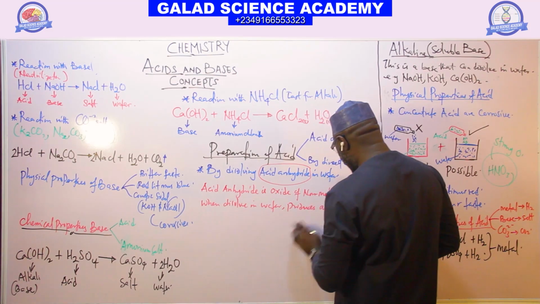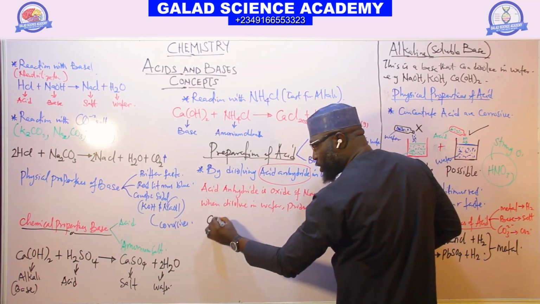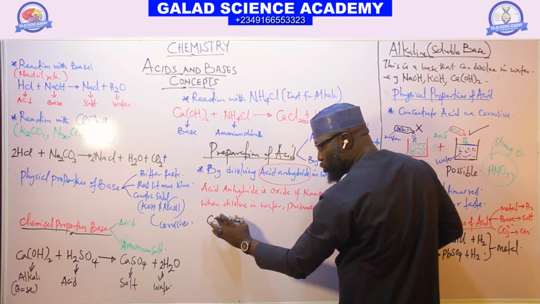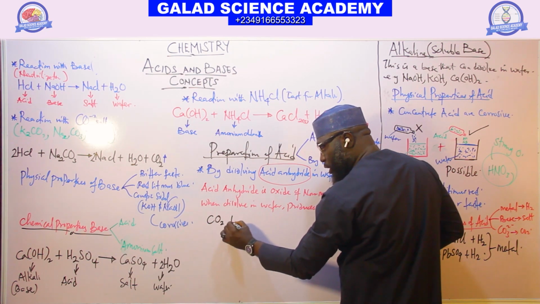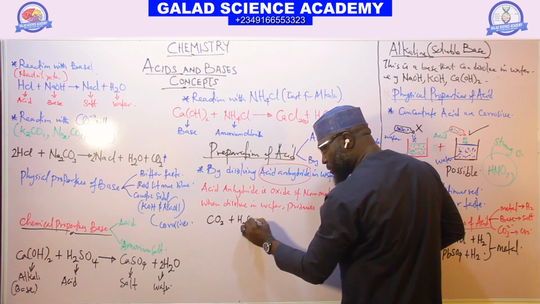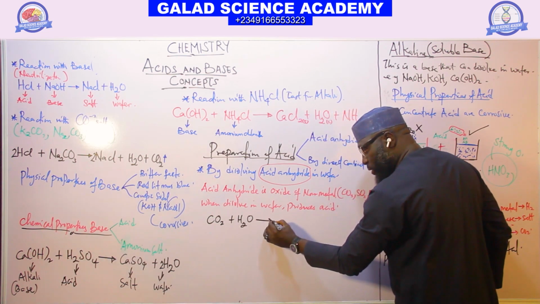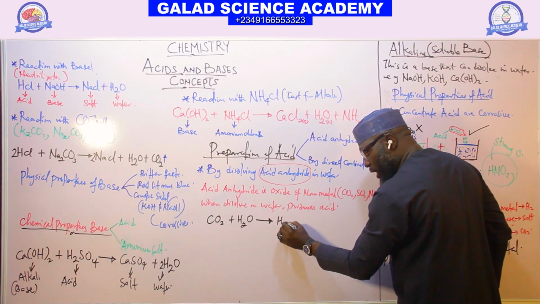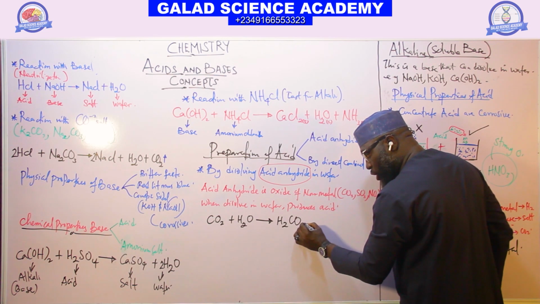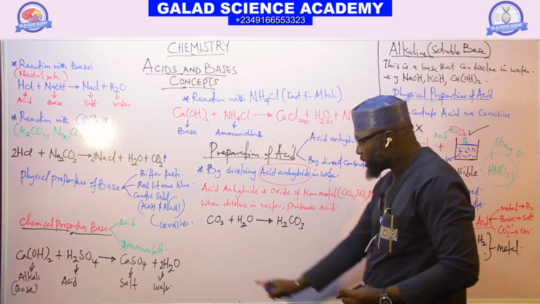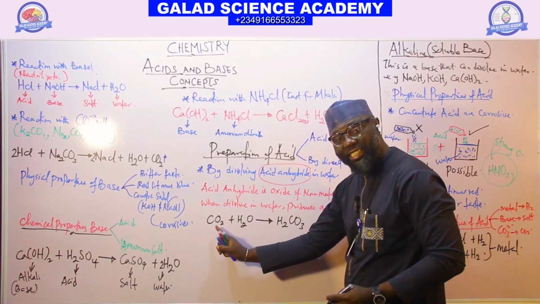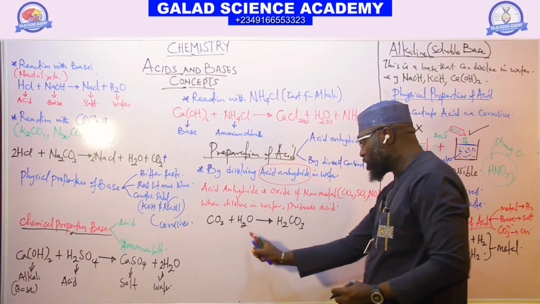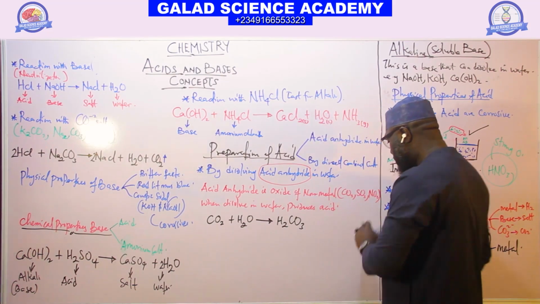If you have the acid anhydride CO2, dissolve it in water, it will give us H2CO3. This CO2 is an acid anhydride. Try this too.